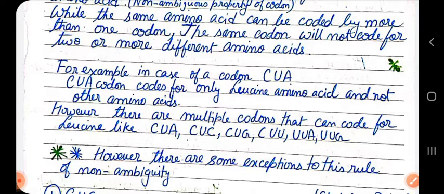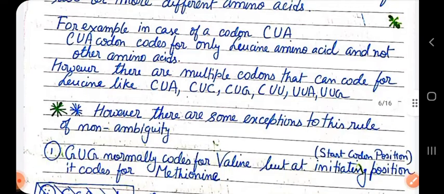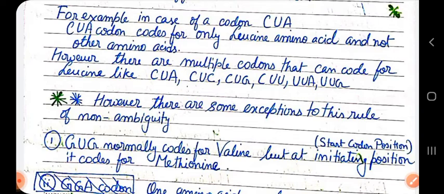But there are some exceptions to this rule of non-ambiguity. I have said that one codon will code for a particular amino acid, but there are some exceptions.